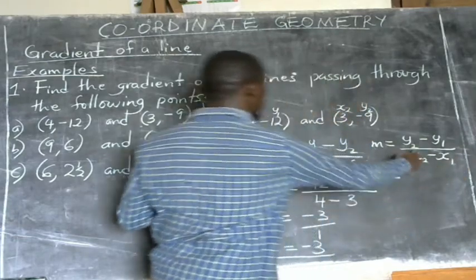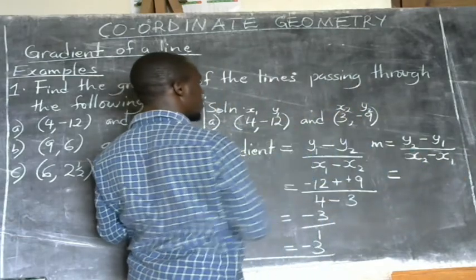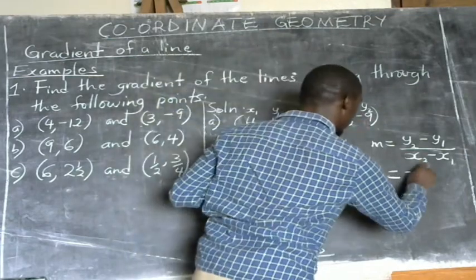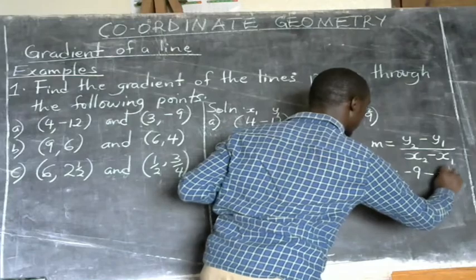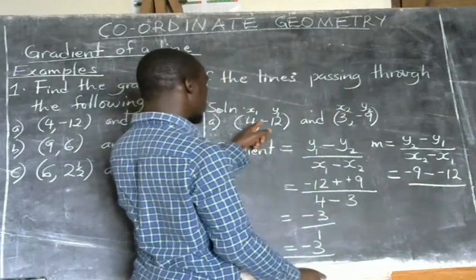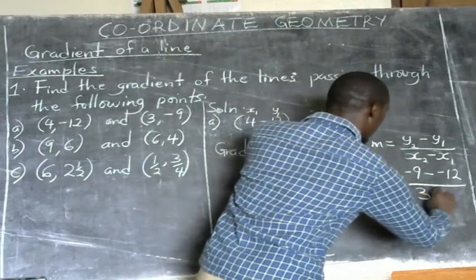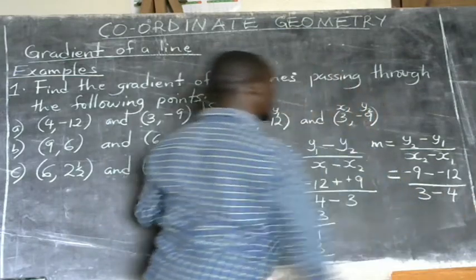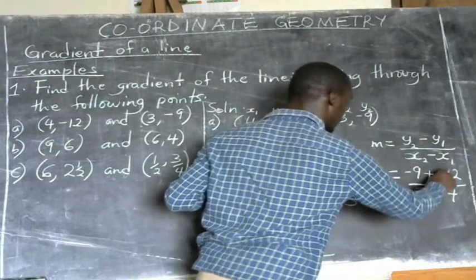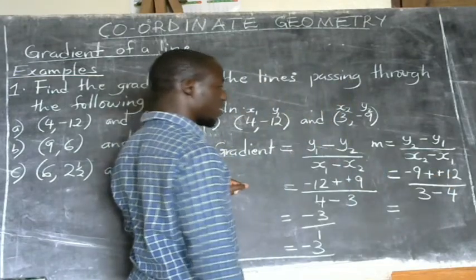So the other person who used the gradient as y2 minus y1 all over x2 minus x1, when you substitute, this is my y2, negative 9, minus the negative 12, divided by x2, which is 3, minus x1, which is 4. In the numerator, negative negative gives us a positive.